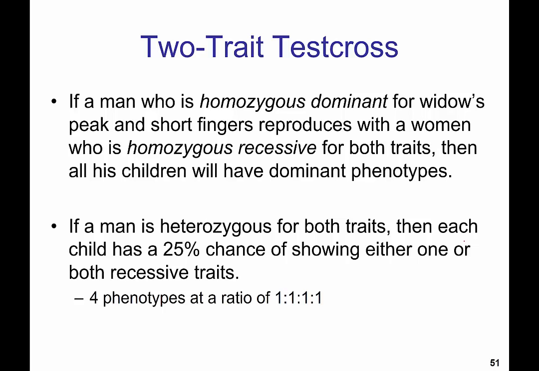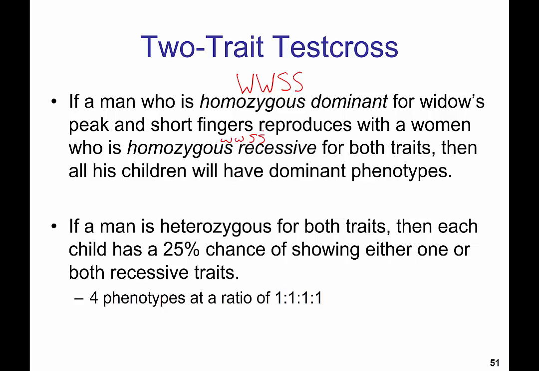So if we look at this concept, if he's homozygous dominant for widow's peak and short fingers, that's going to be all capital letters, and there's 4 alleles since there are 2 traits. The woman who is homozygous recessive for both traits, that's going to be all lowercase letters.